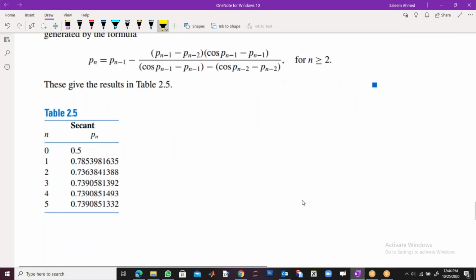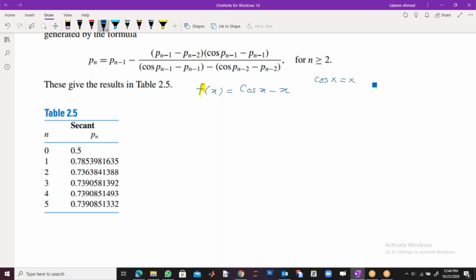Here, let me start from here. Our f(x) here is cosine x minus x. You can take it as x minus cos x as well, because our equation is cosine x is equal to x, right?